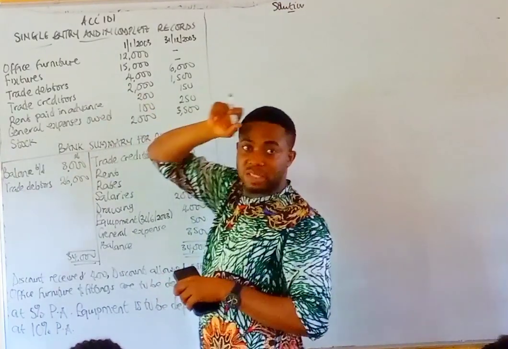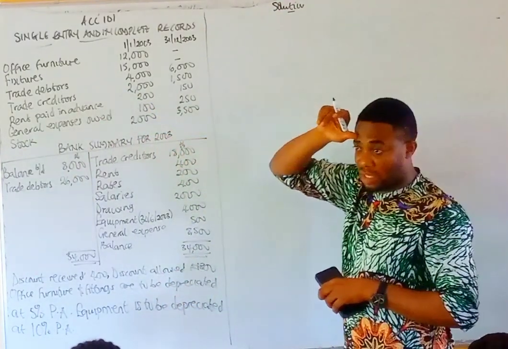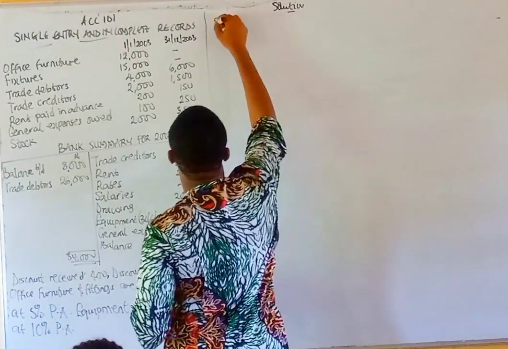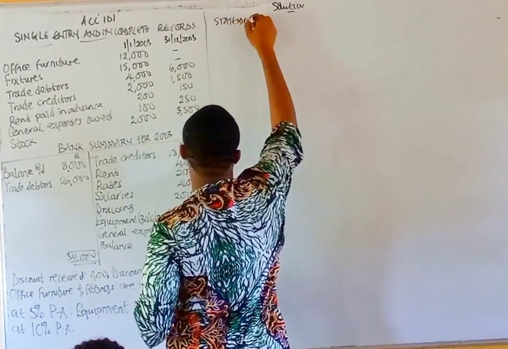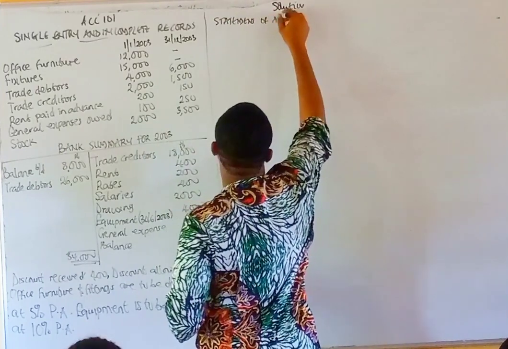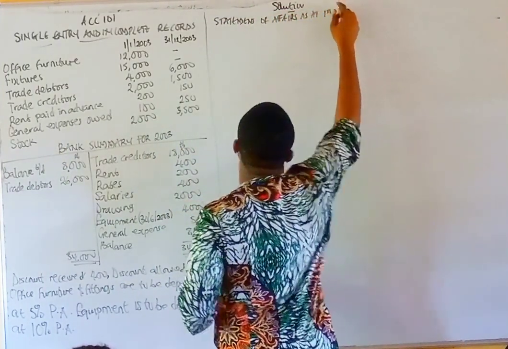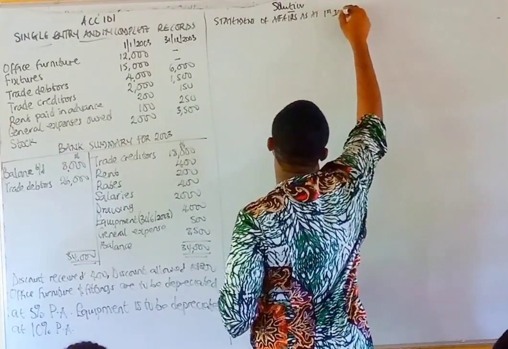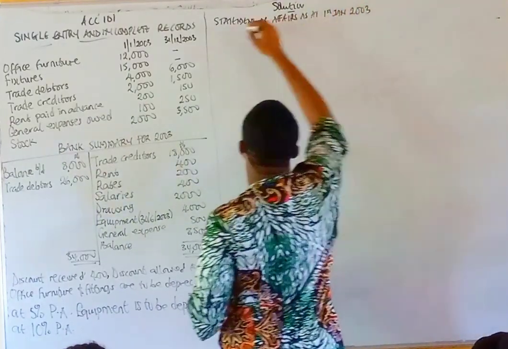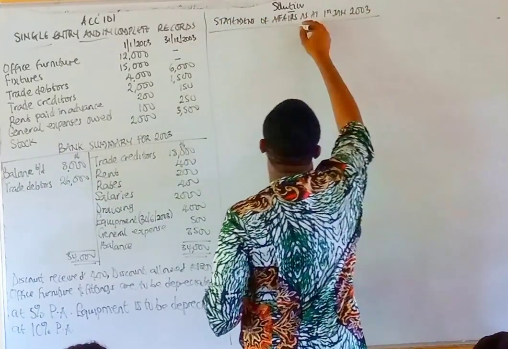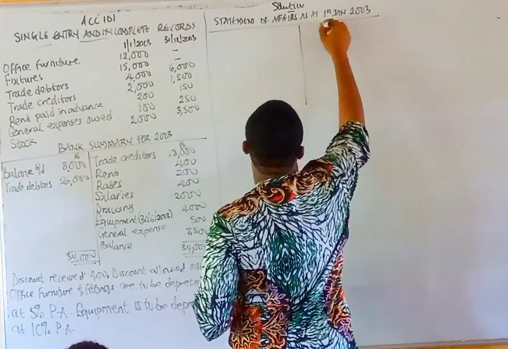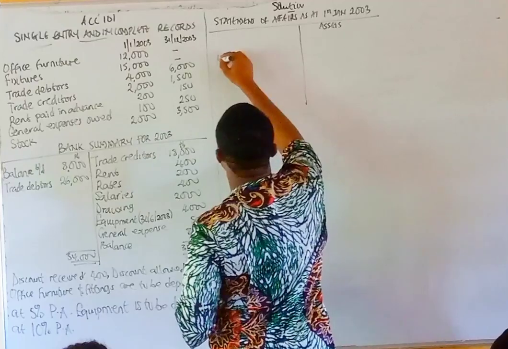So the first step, we said we should prepare our statement of affairs, right? So what is the essence of preparing this? To get our capital. That capital will be used for the balance sheet. So we use the items at the beginning. So it's 1st January 2003, right? Okay. So now we have our assets and what?